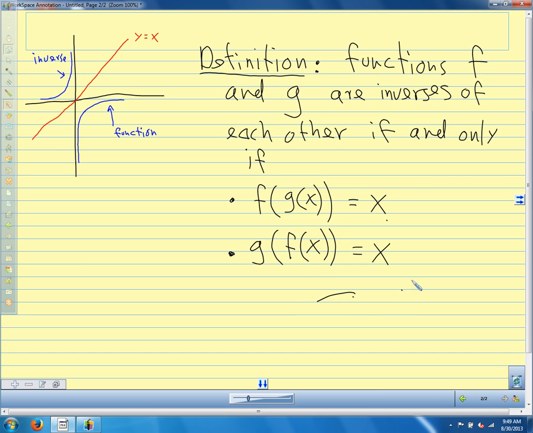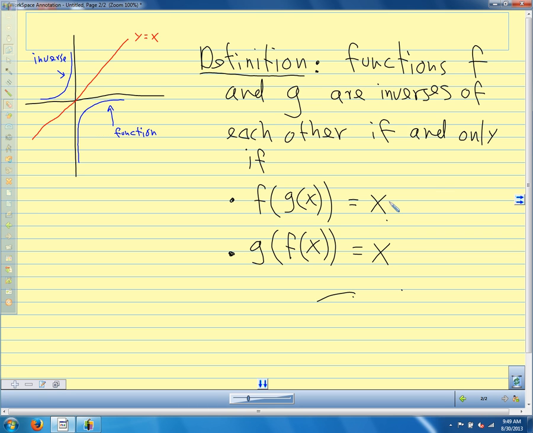So this is how we test two functions to decide if they are inverses. One undoes the other. We plug in x, we do the composition with the inverse, and we get x back out. We end up not doing anything. So this is our test for inverses. We form the composition going both ways, and we get x back out.